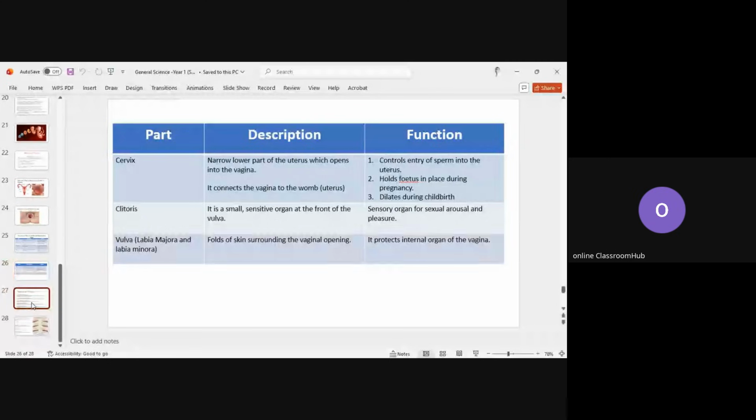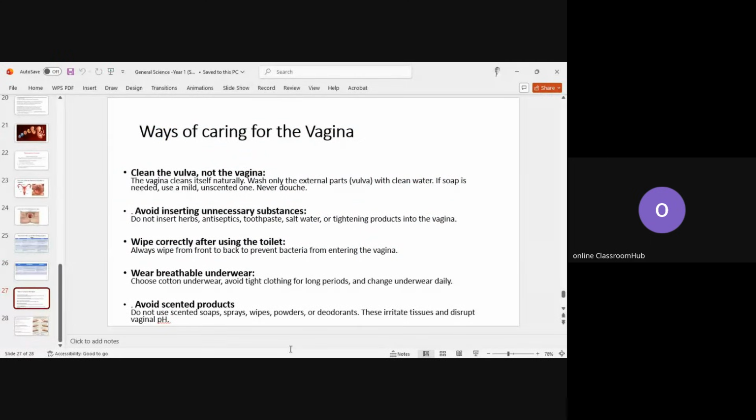Okay. So now we look at ways of caring for the vagina. In fact, the vagina is a very important organ that needs to be treated. That's why in Twi, we call it ahimfie, the palace. And you know, a palace is supposed to be kept clean.